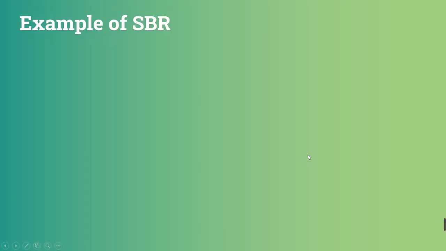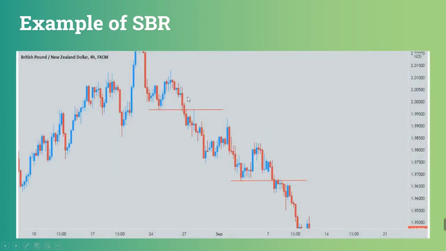So next, we're going to show you what is a support become resistance, the SBR. So here is the rough idea. The support become SBR. All right. So British pound, New Zealand dollar, correct. So the price breaks, and when it comes back to this area again, it will bounce.